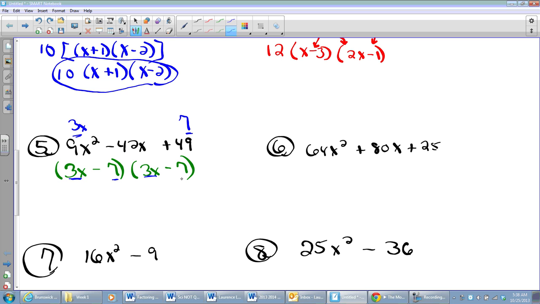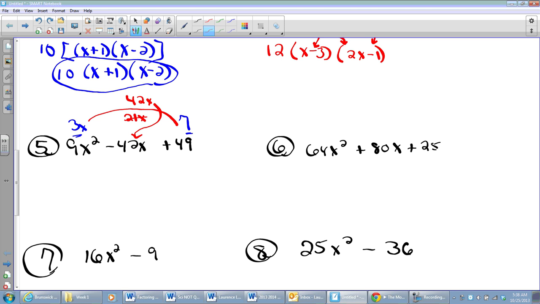Okay? Now, here's the part that's important. You'll notice that, but you got to be careful to not overgeneralize. I want you to multiply these two together, and of course you get 21x, right? And then I want you to double it, 42x. Disregarding the sign, it matches, doesn't it? If that's the case, this is called a perfect square trinomial. Very special.